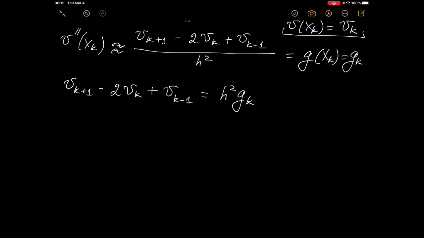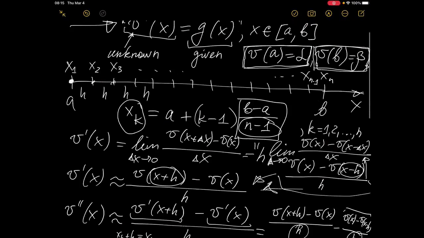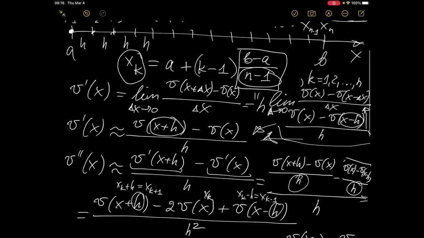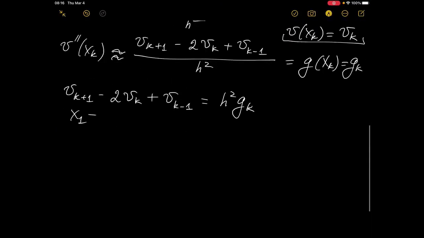Also, we have boundary conditions, and the boundary condition, remember, is this: v at x equal to a equals alpha, and v at x equal to b equals beta. According to this formula, if I take k equal to 1, then xk is equal to a, sorry, not alpha.